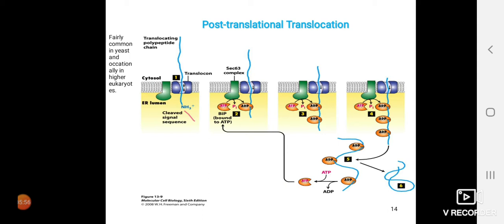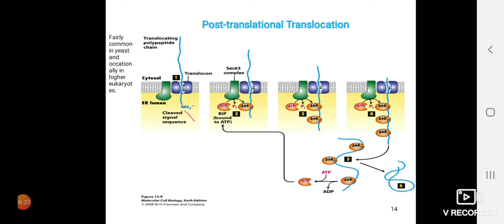Once the first small edge of the polypeptide comes inside, a protein called BiP, an ATP binding protein, attached to the cytosolic portion of the Sec63 complex, as you can see in the second figure, gets ATP bound, then hydrolyzes its ATP into ADP and interacts with the polypeptide chain and pulls it down.